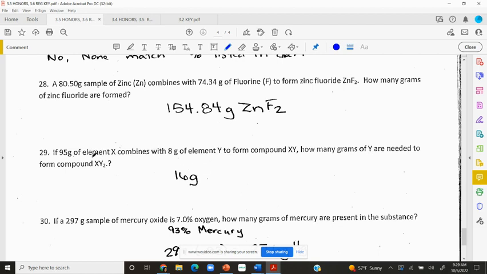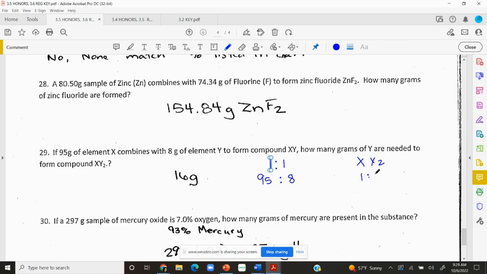Here is just another one of those other questions. You got 95 grams of X. It's combining with 8 grams of Y to form XY. This is in a 1-to-1 ratio. Here you had 95, and here you had 8. Over here, we're going to be forming XY2.